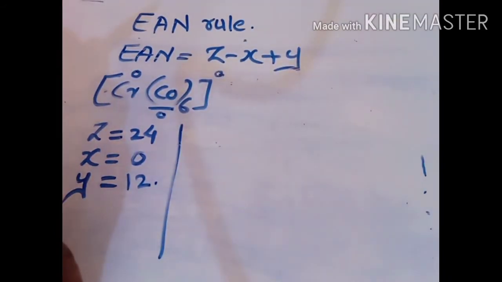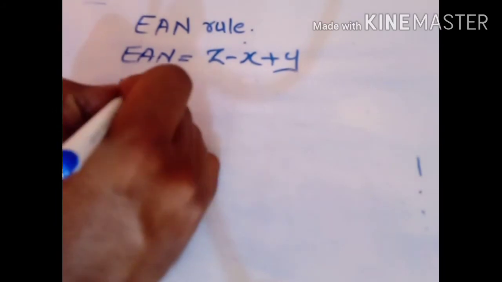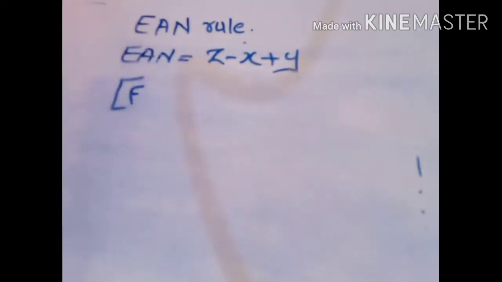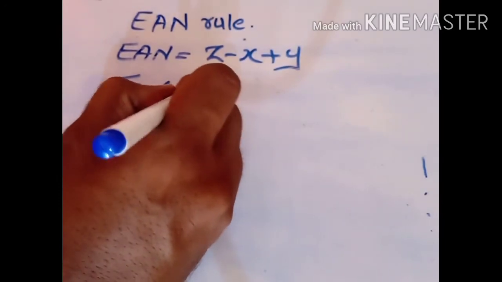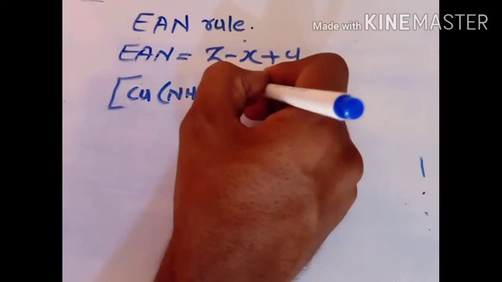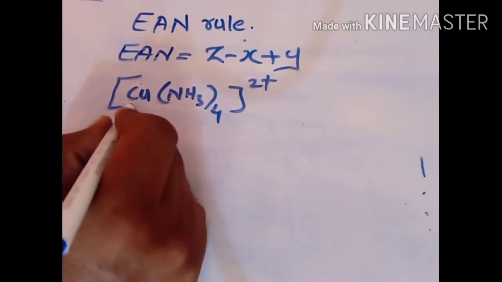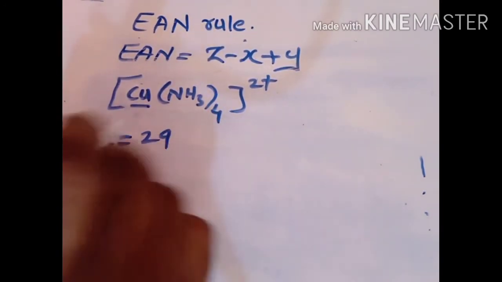Now there are various examples. We can also take another example, that is Cu(NH3)4 2+. Now here copper has atomic number, that is the value of Z, 29.